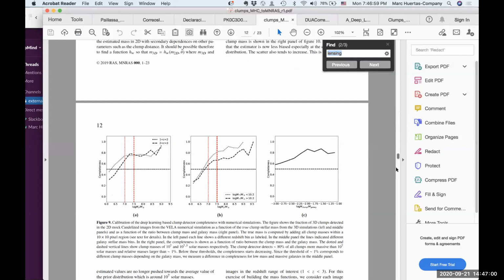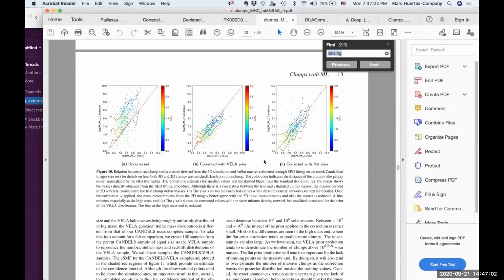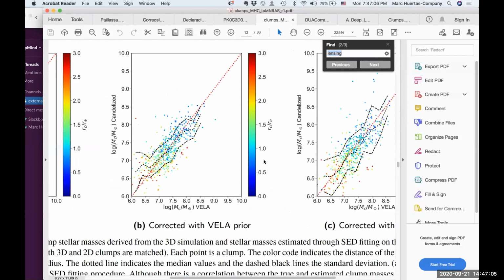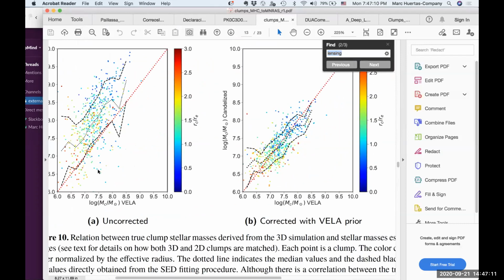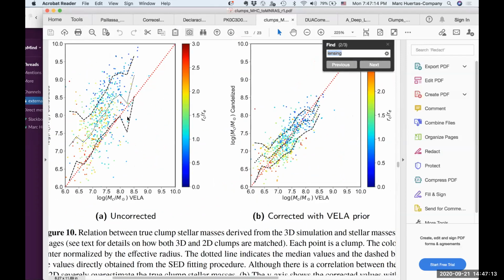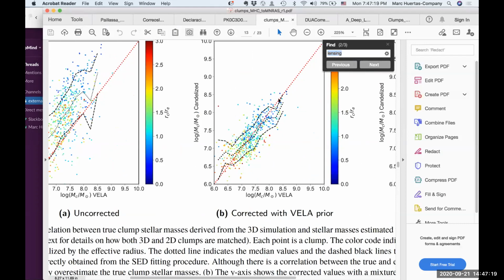If you just correct with what you have in the CNN and in Vela, what you want to minimize is the mean square error of your correction, so the network will tend to underestimate and overestimate at the edges, because it goes to the median value. Since in Vela you have very few massive clumps and very few low-mass ones, you get biased. And this is the effect you're mentioning: the very massive clumps will be put at low masses.